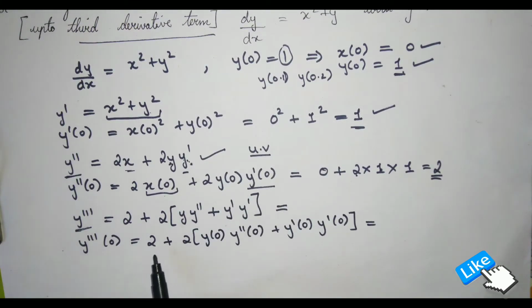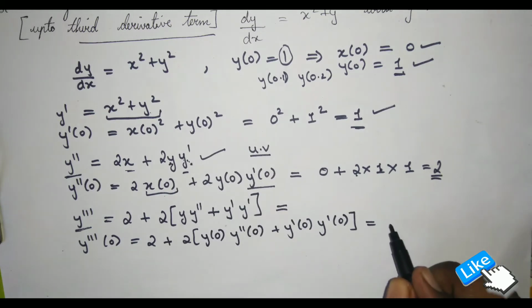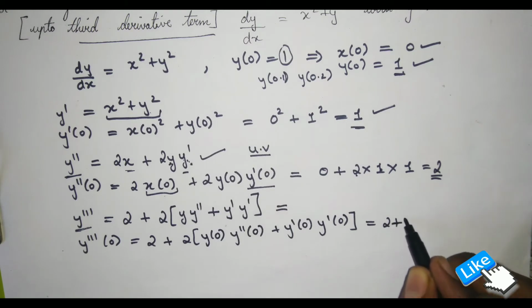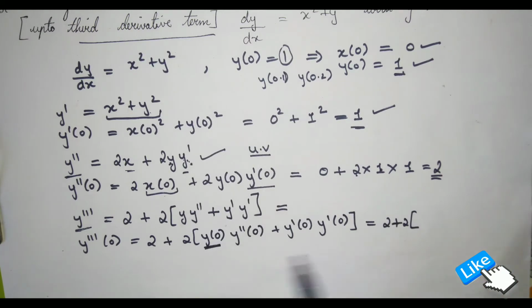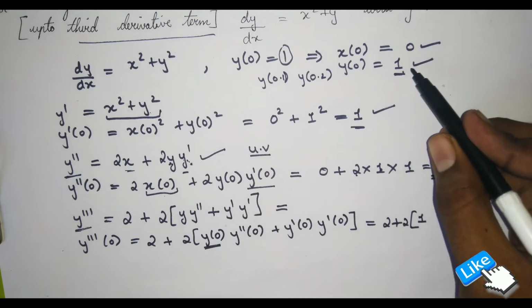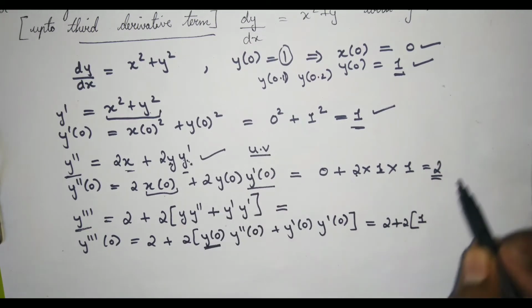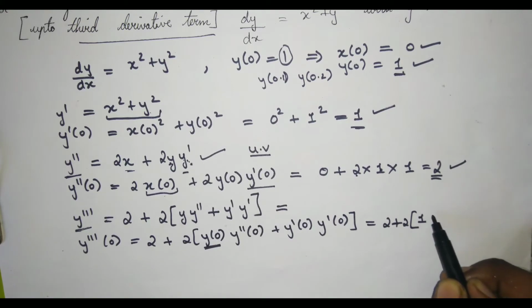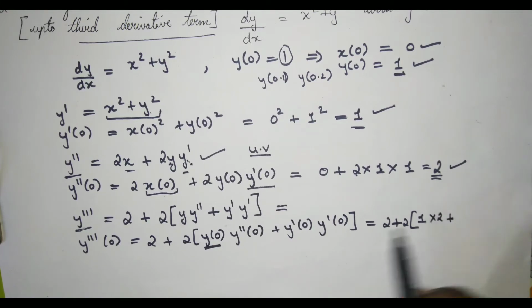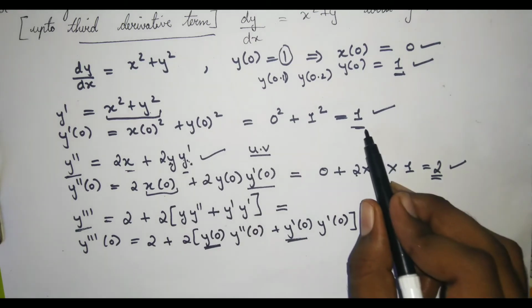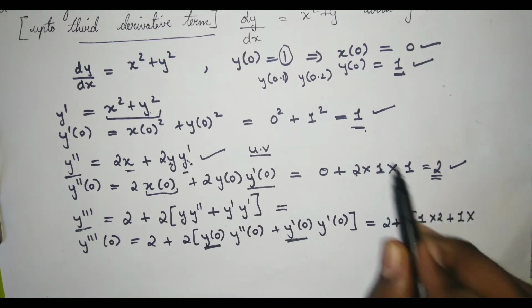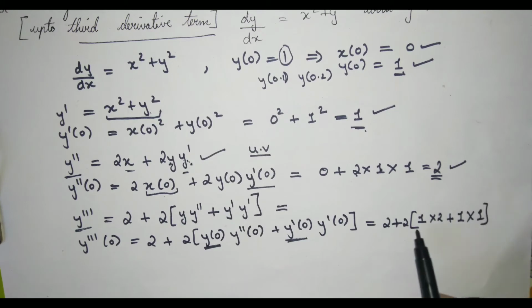This is 2 plus 2 of y of 0, which is 1, that is given in the question, into y double dash of 0, that is 2, plus y dash of 0, that is 1, into y dash of 0, that is again 1. So 1 into 2 is 2, 2 plus 1 is 3, 3 into 2 is 6, 6 plus 2 is 8.